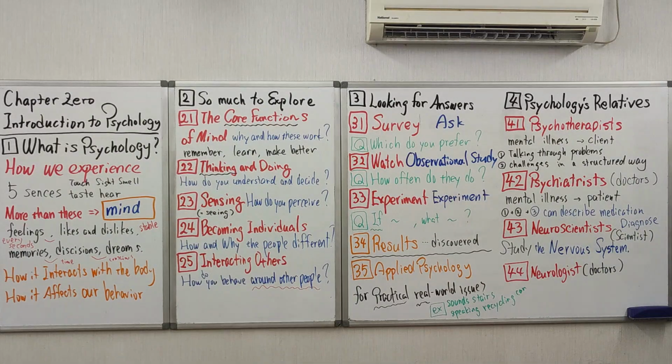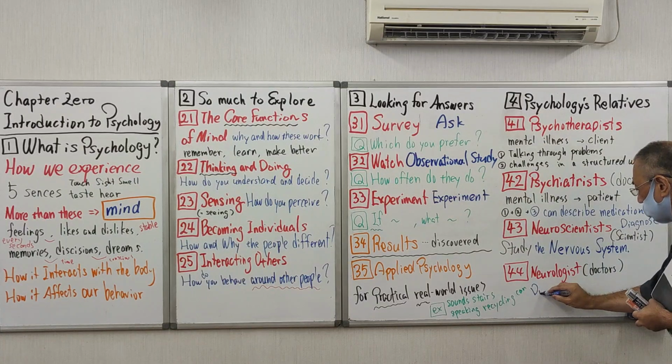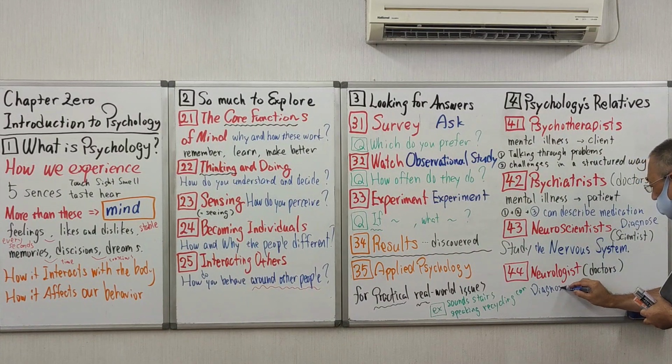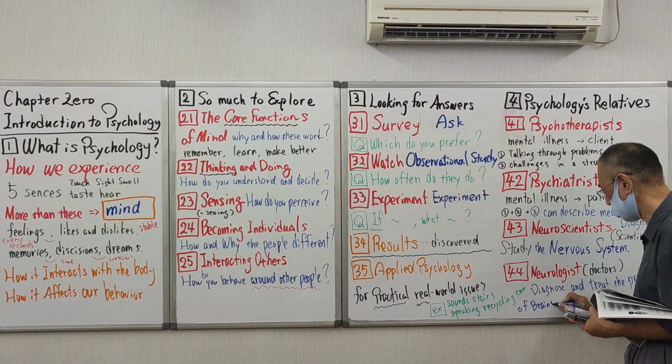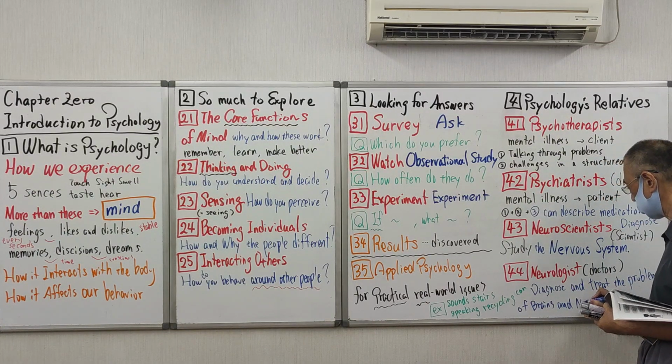Neurologists, on the other hand, are doctors. So they also diagnose and treat the problems of brains and nerves.